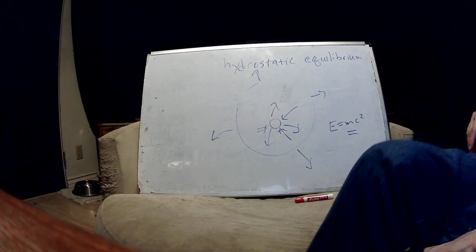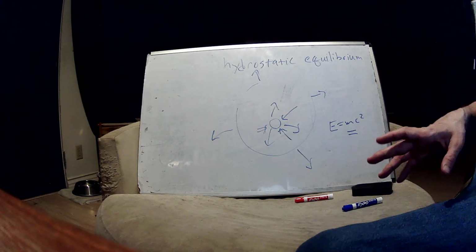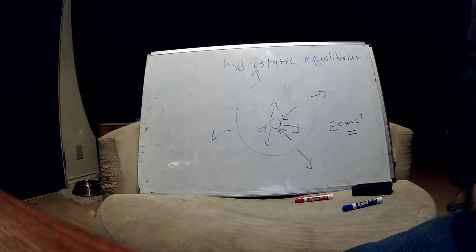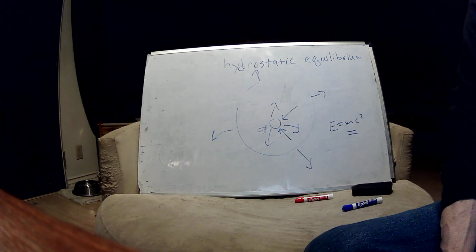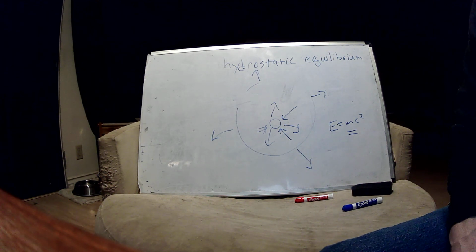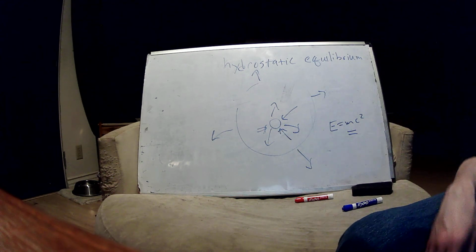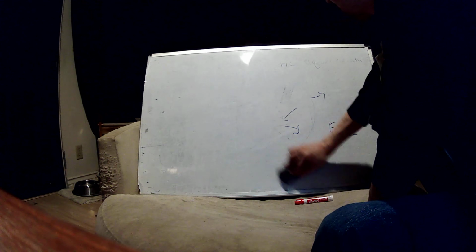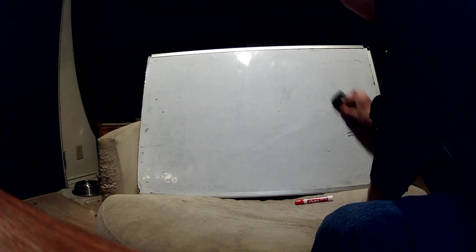Some hotter stars undergo different processes, but stars like our sun have to do things like this thing that we call the proton-proton chain. Now let's talk just a little bit about this proton-proton chain, what it is, what it does, how it works.